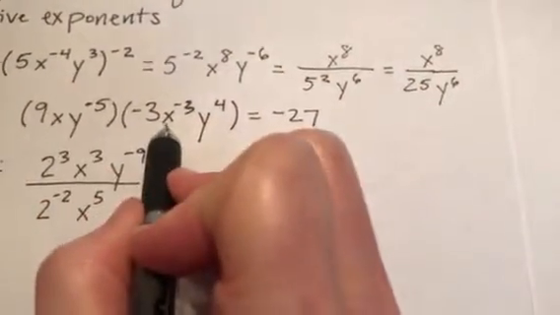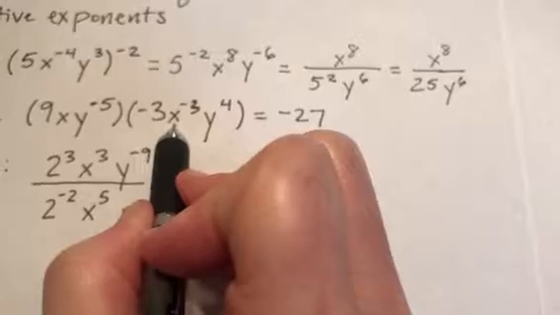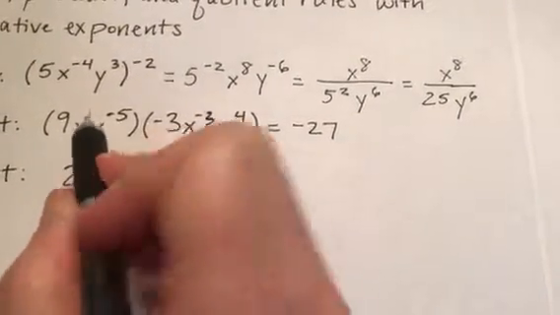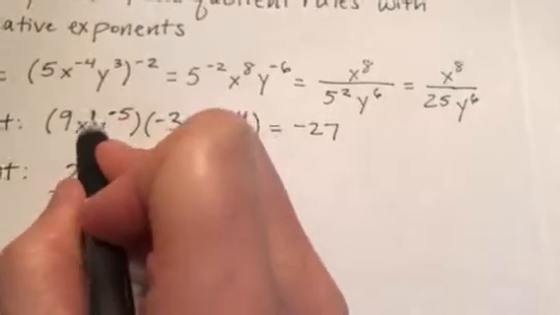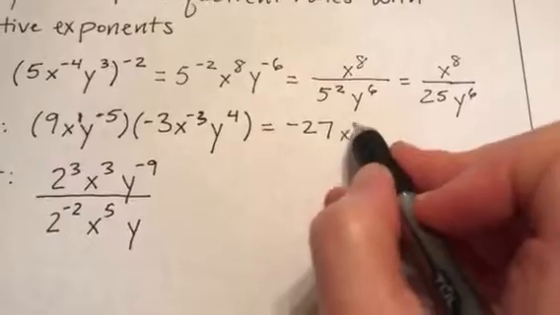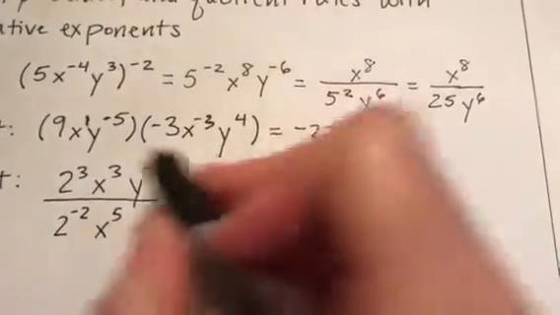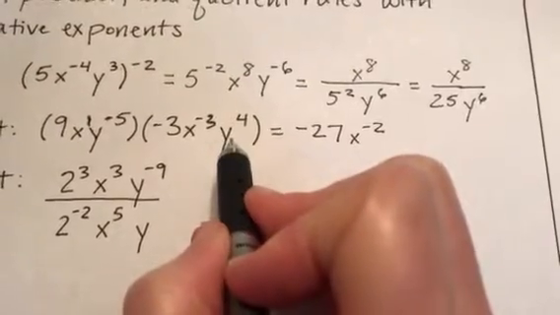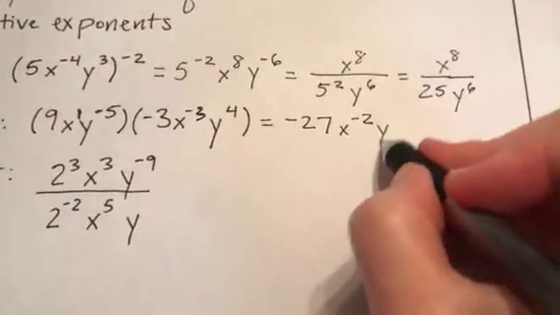X times x to the negative 3, we add the two powers together. X really is x to the first, and so we think of adding the positive 1 and the negative 3 powers would make x to the negative 2 power. And then y to the negative 5th times y to the 4th would be y to the negative 1.